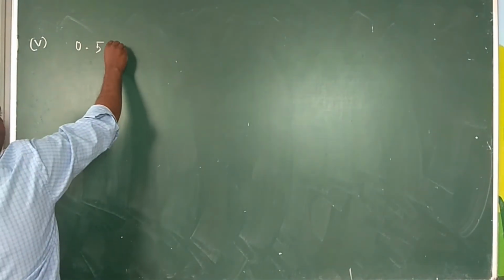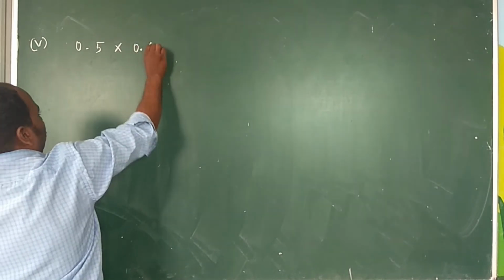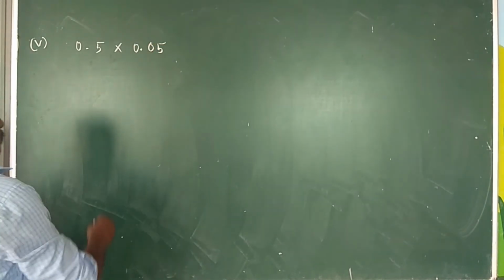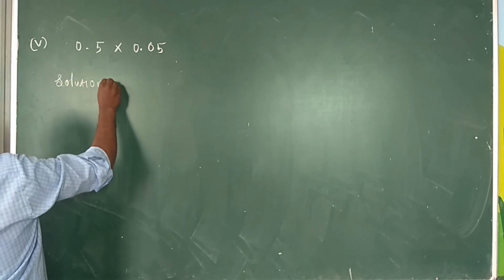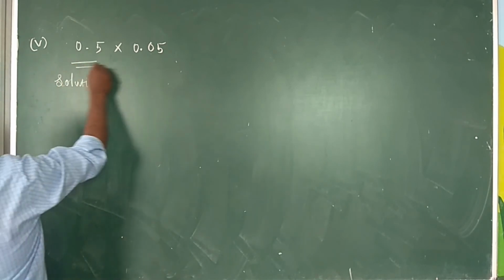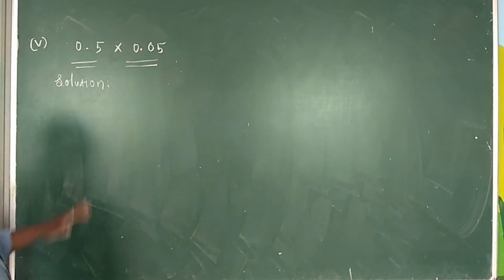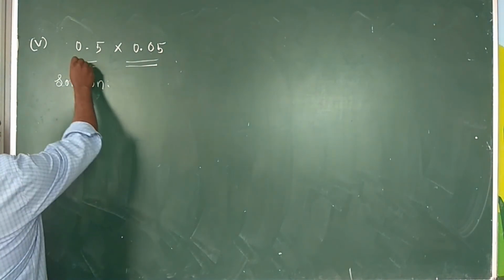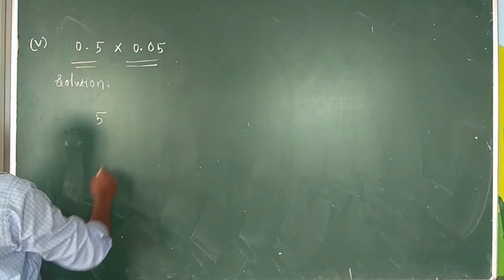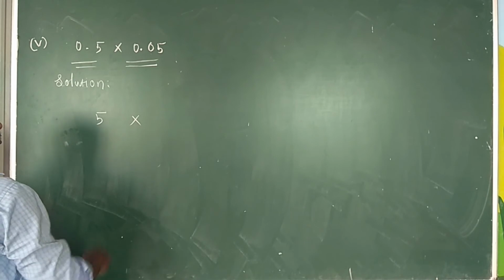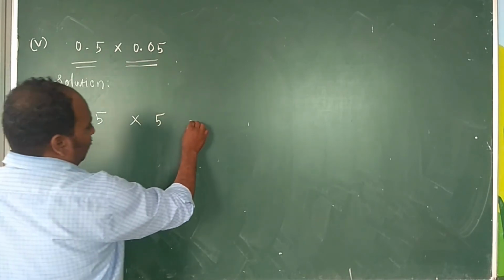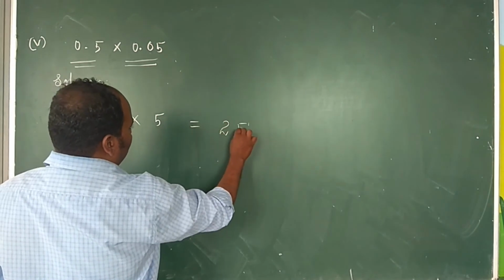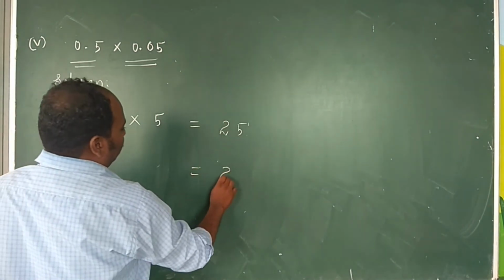0.5 into 0.05. First we multiply without decimals. 0.5 becomes 5, and 0.05 becomes 5. 5 5s are 25.